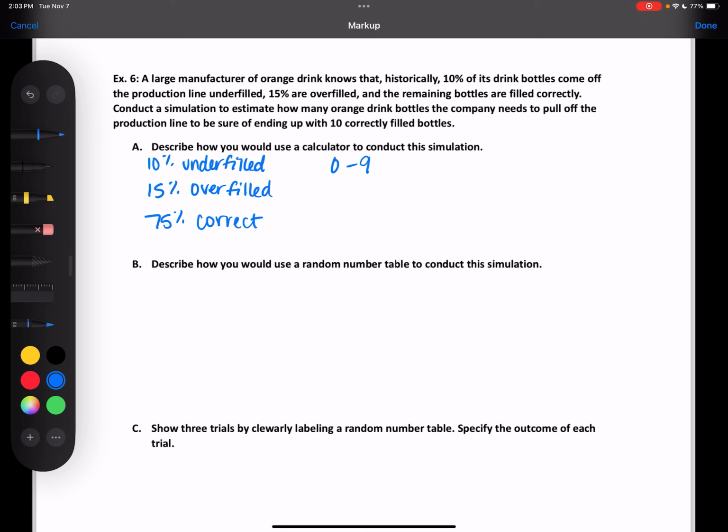And I'm doing this because all you would have to do to use a random number table is change it from 0 through 9 to 00 through 09. For the 15% overfilled, it's going to be 10 through 24. And then for the correctly filled, it's going to be 25 through 99.